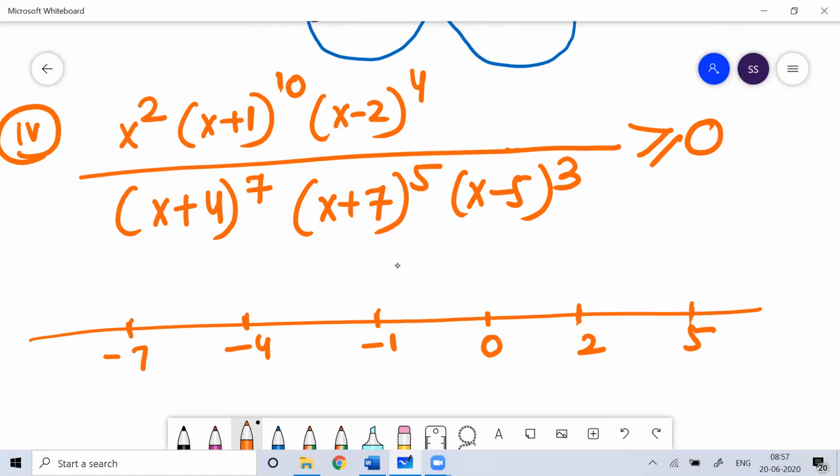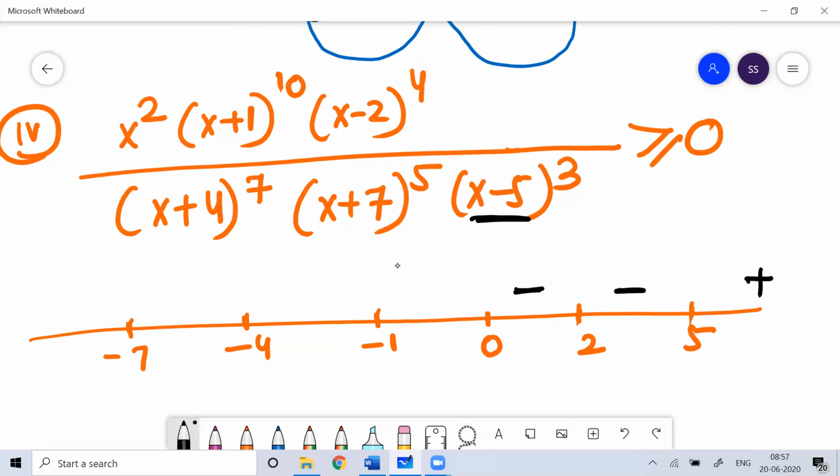Now talking about sign, this is always plus, because wherever you see x, the coefficient of x is plus only. Then the power of 5 is odd, so the sign will change. Then for 2, the power is even, so this will not change. Okay.